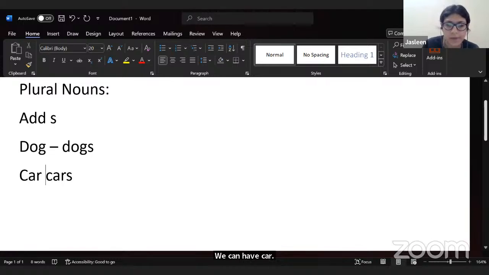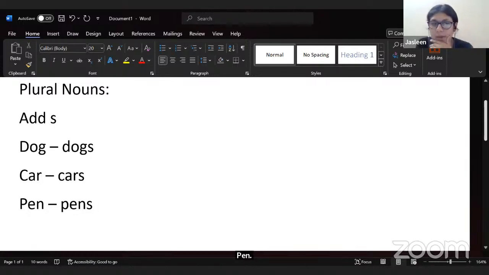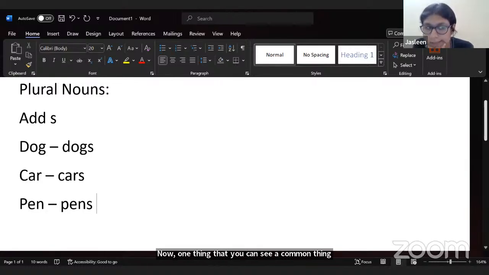Then pen, pens. Now, one common thing you can see is that all these words end with a consonant, and hence we are simply adding S at the end in order to make them plural.